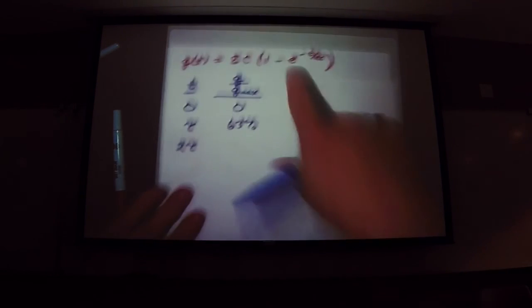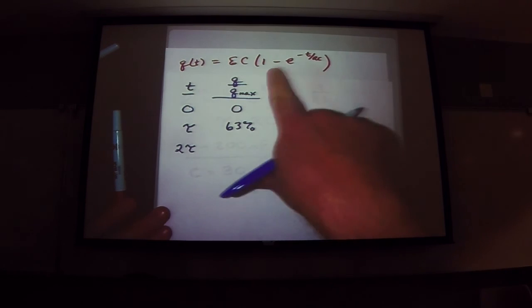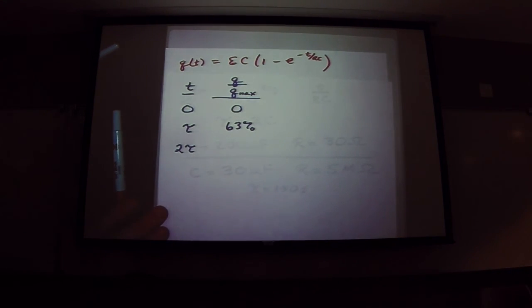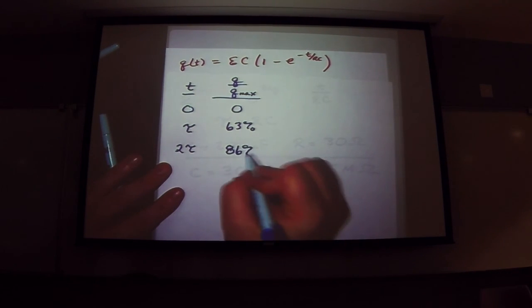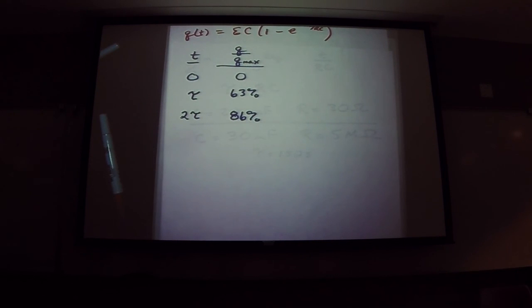Take e to the -2, take 1 minus that number, and tell me. 86. All right. Even in that second case, you wait 300 seconds, it's 86% charged. After 150 seconds, it would be 63% charged.